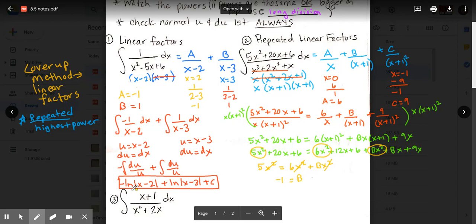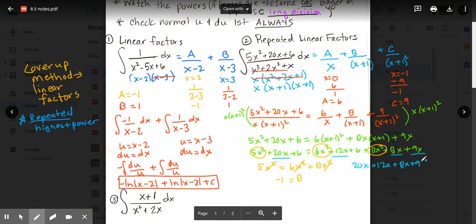There you go. Now, did you have to use the x squared terms? No. You could have used the x terms. So 20x should equal 12x plus bx plus 9x. Look what happens.